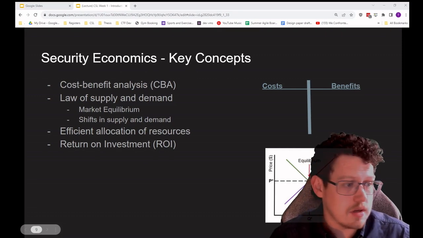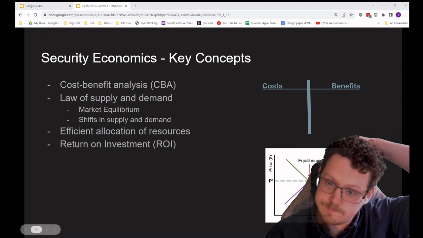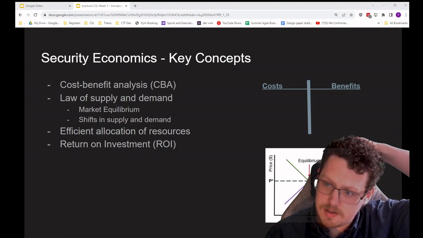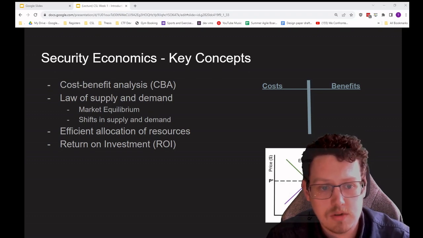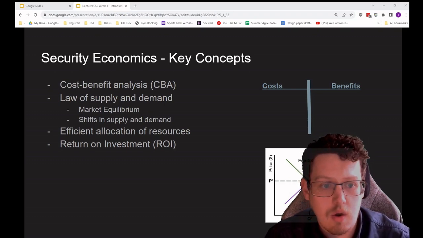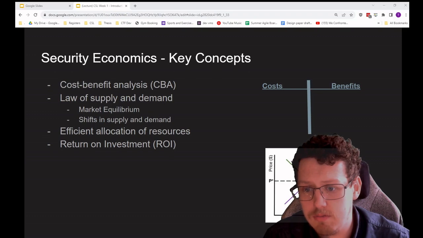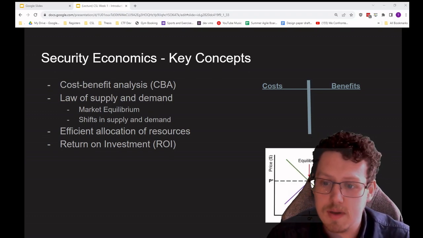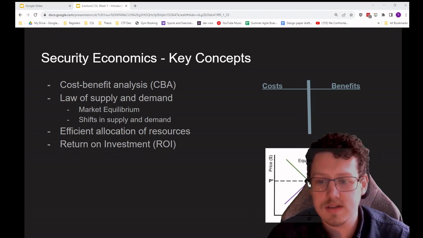Okay, so return on investment. It's all about trying to figure out, it's related to cost benefit analysis-ish. So we're trying to calculate the probability of whether a given investment is going to be worth making or not, and how much of a financial return we're expecting to make in monetary terms.